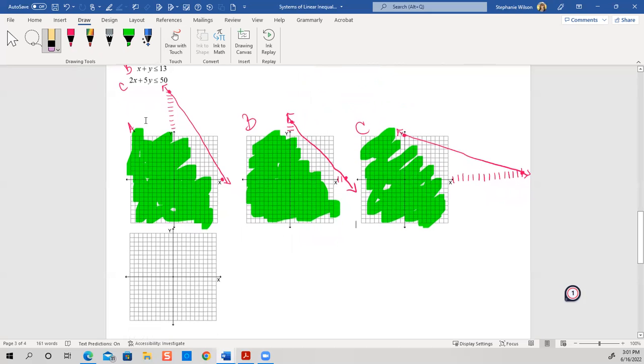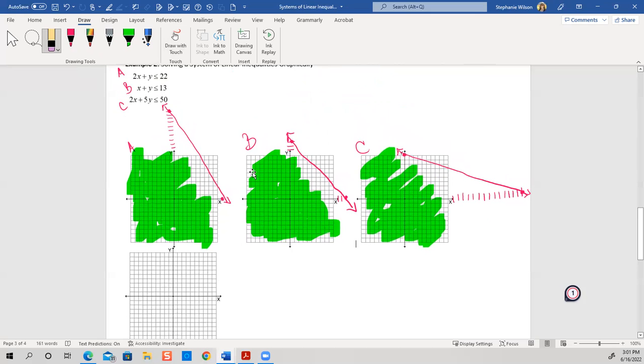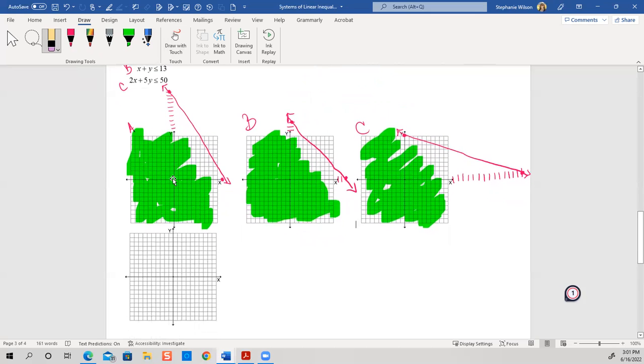Now, if I was to put them all on the same graph, and I erase my ordered pairs, guys. So what do we got here? We got 22. So instead of putting it on this graph here, let's take A and B and put them on C since C is so far out.